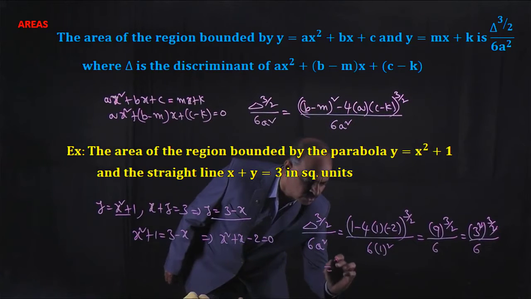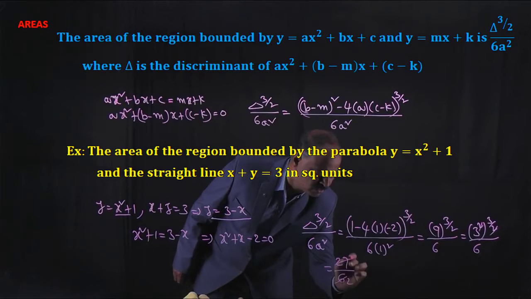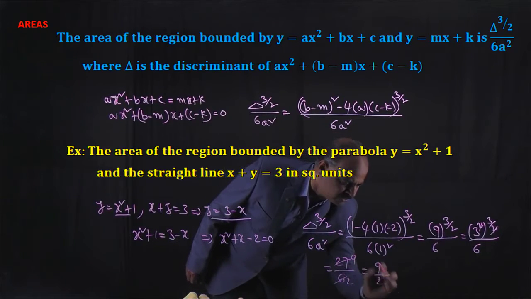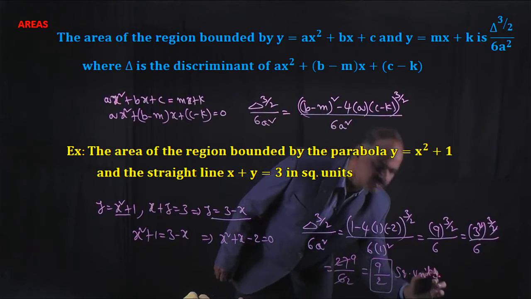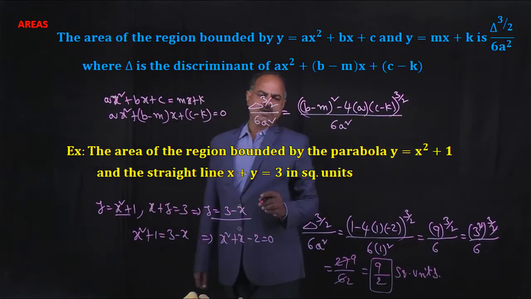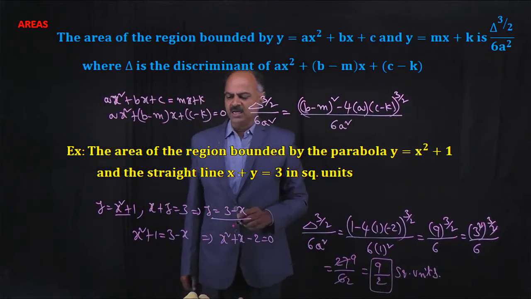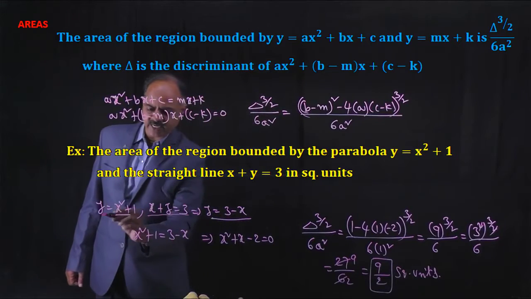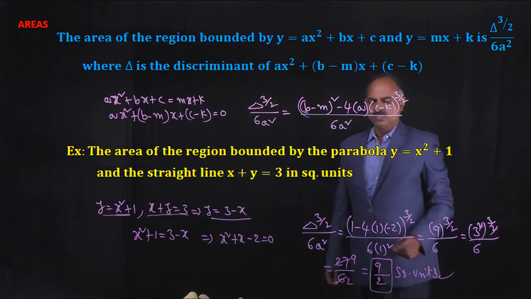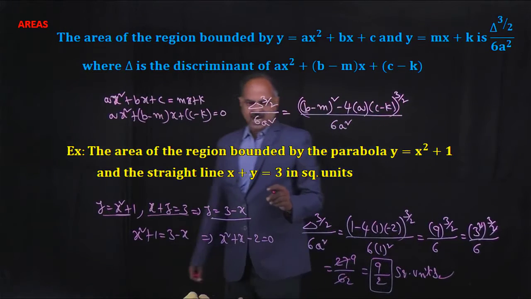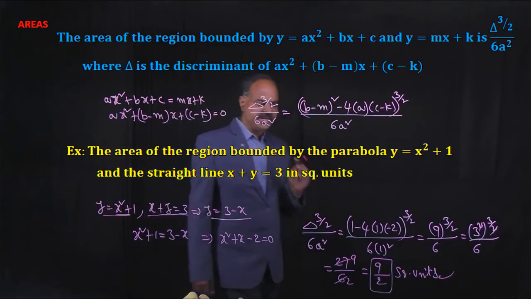Now this equals 27/6, that is 9/2 square units. Therefore, the area of the region bounded by the parabola y = x² + 1 and x + y = 3 is 9/2 square units. Here the common factor should not be cancelled, as the same symbols are used in areas.